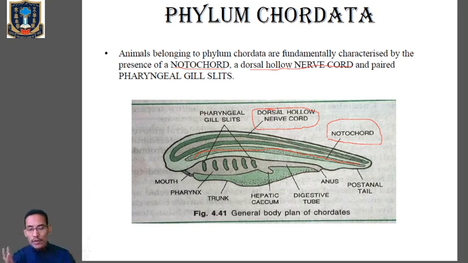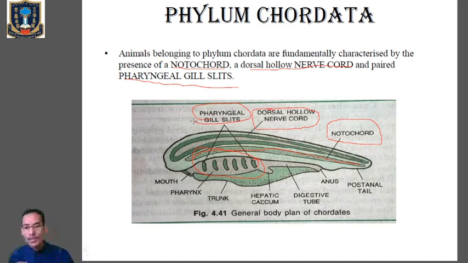The most important feature, or the third feature we can say, is the presence of paired pharyngeal gill slits. You can see over here the presence of pharyngeal gill slits. These are usually present in their life at a certain period of time only.